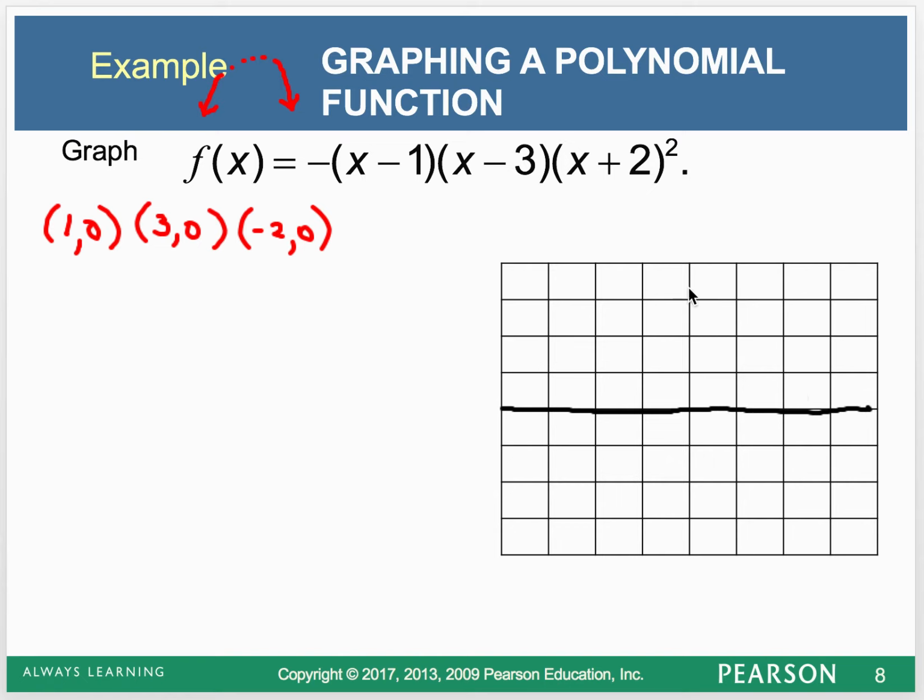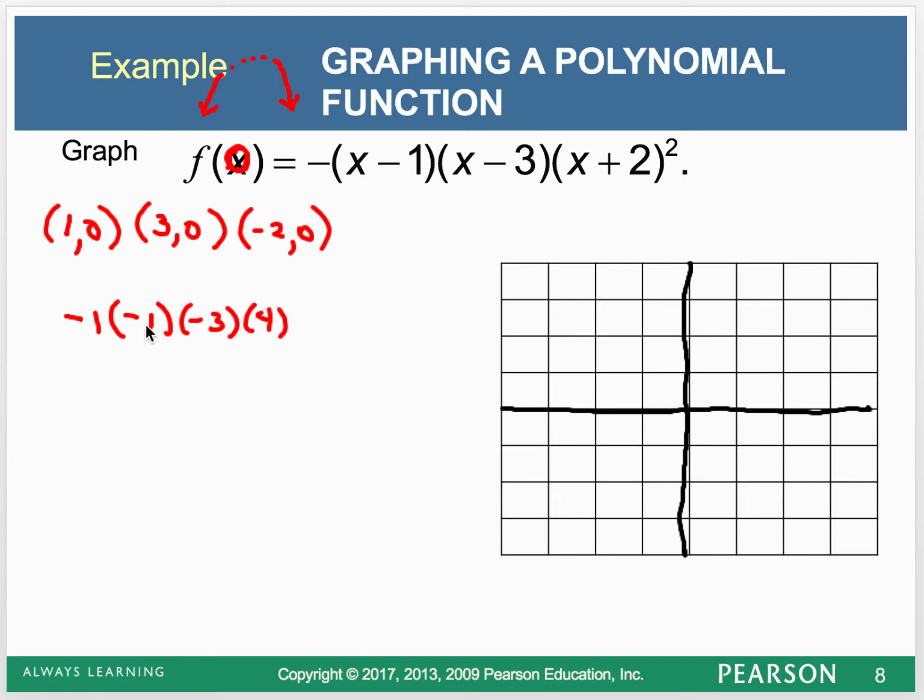Now, giving it to us already factored makes the y-intercept a little harder than typical, but it's not bad at all. All I have to do, because remember the y-intercept is when x is 0, so all I'm doing is plugging in a 0 here. So 0 minus 1, so I'd have a -1 there. 0 minus 1 is -1. 0 minus 3 is -3. 0 plus 2 is 2 squared is 4.